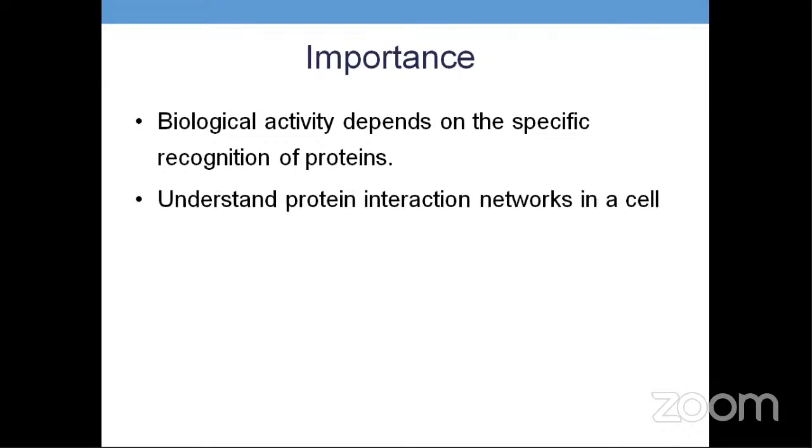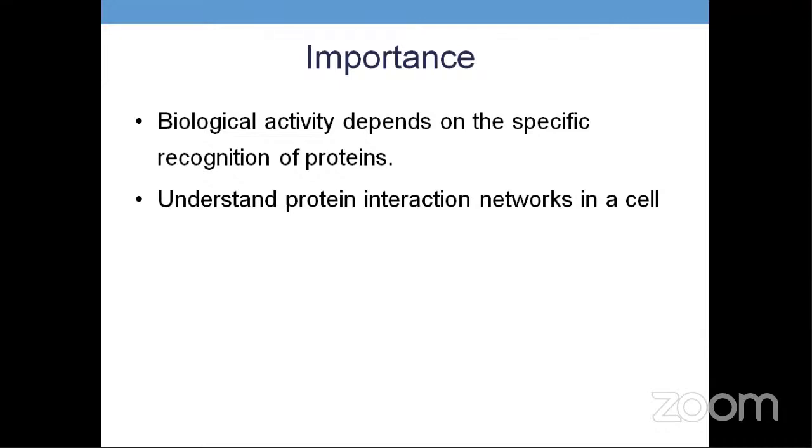We can understand also how a protein network operates. What is meant by a protein network? A protein network means a multiple number of proteins, a combination of proteins. That means, say, in a particular disease, say cancer. You all know the basic mechanism of cancer. Cancer is the unrestricted growth of a particular tumor.